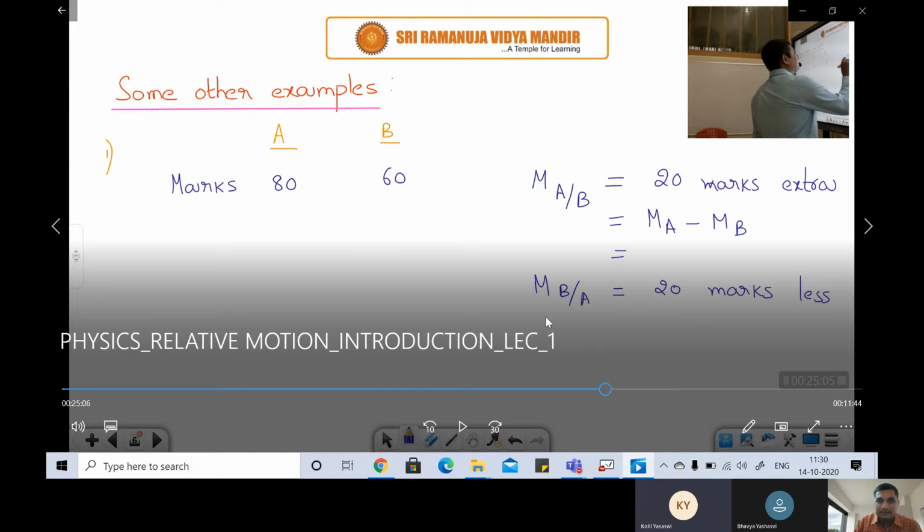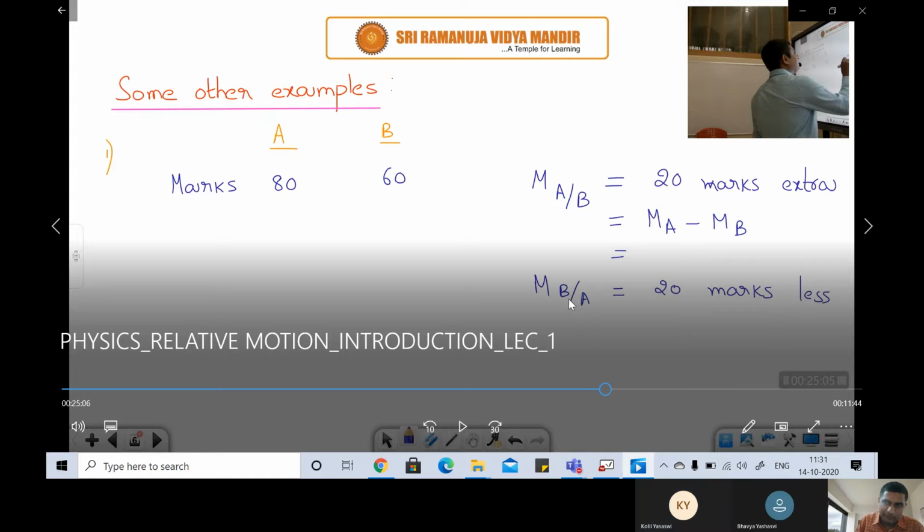And from the frame of A, B has 20 marks less, which is marks of B minus marks of A, 60 minus 80, equal to minus 20. So whenever we write like this, we should always write the formula the same way: marks of A with respect to B means marks of A minus marks of B only.